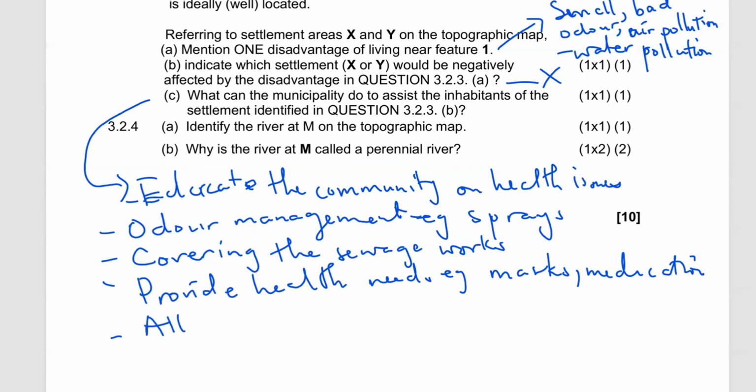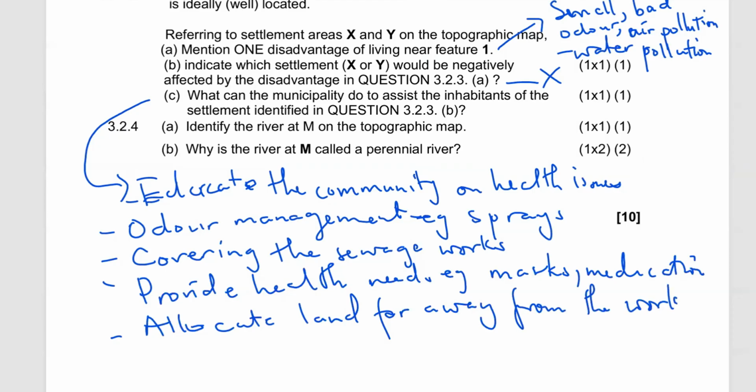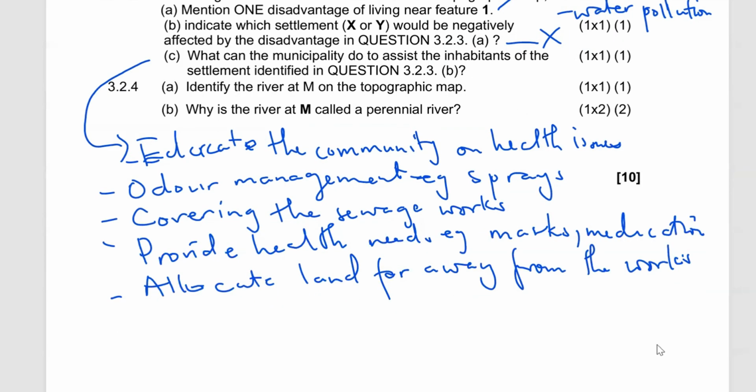And maybe lastly, you can try to allocate land away from the sewage works. Those are suggestions that can be implemented, but are not limited only to those ones.